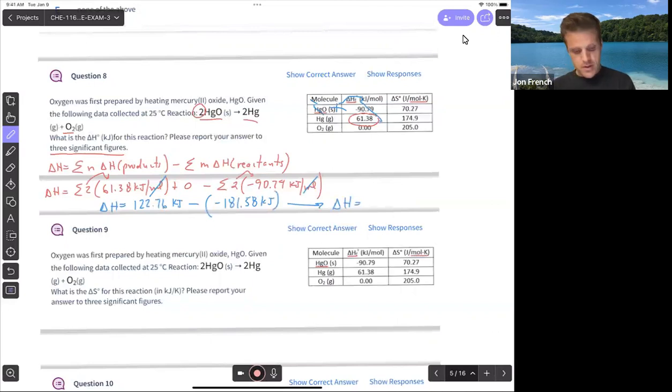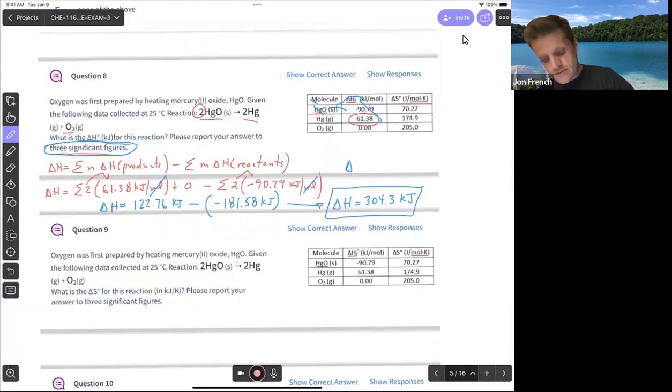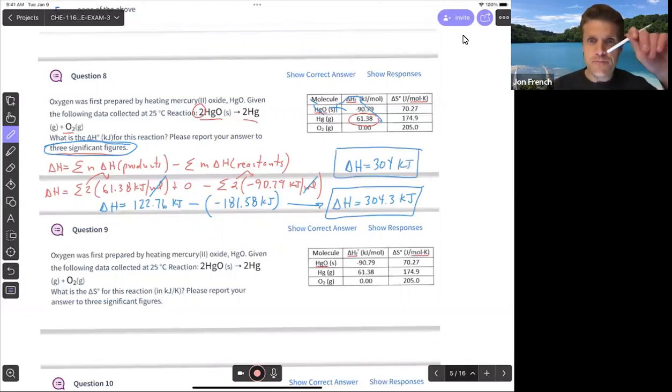So plus 122.76. Yeah, I get a delta H of 304.3 kilojoules. It asked for the answer to 3 significant figures. So to 3 significant figures, right? Delta H equals 304 kilojoules for that reaction.